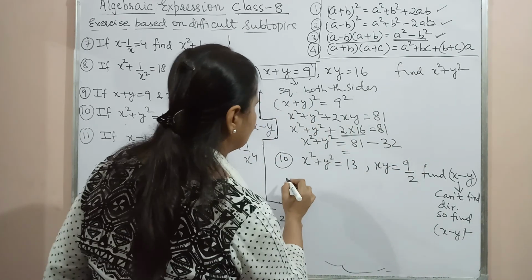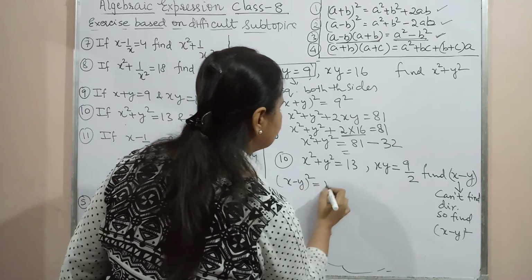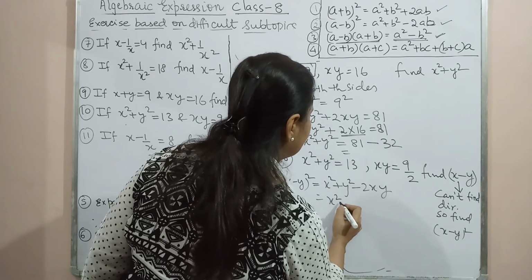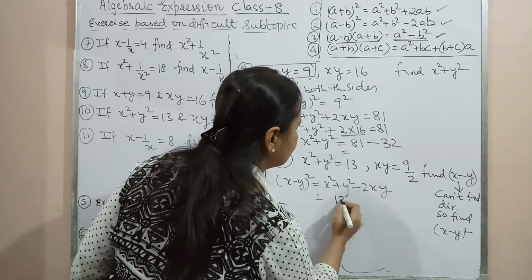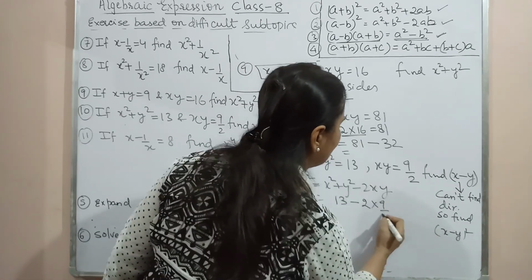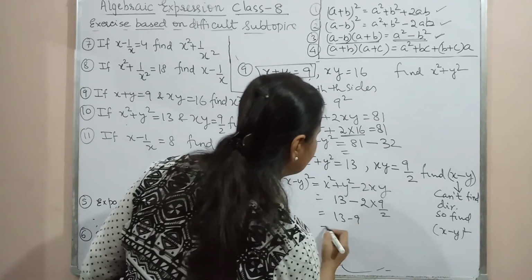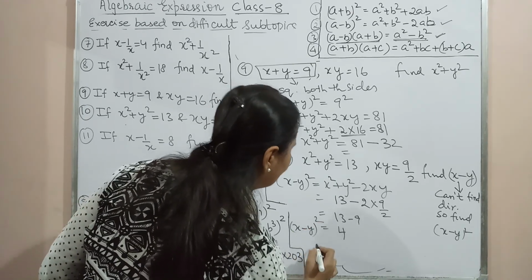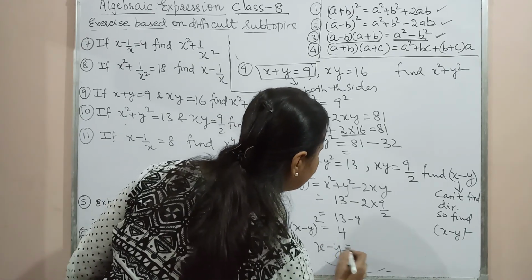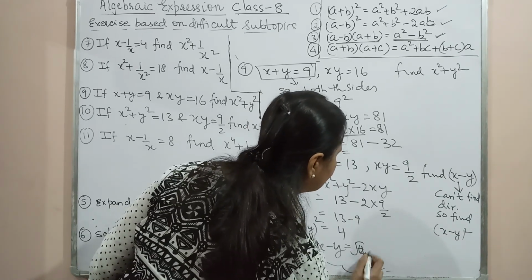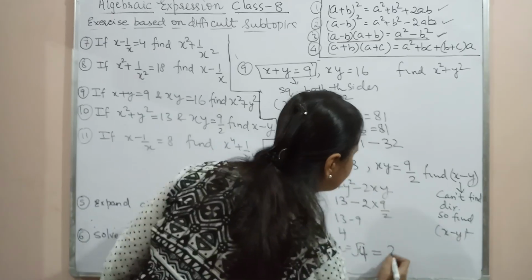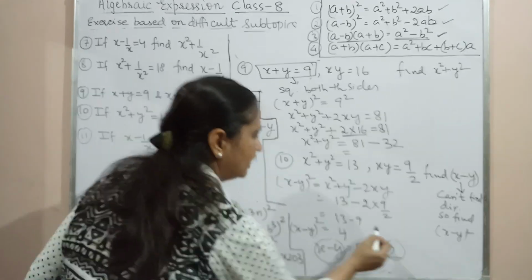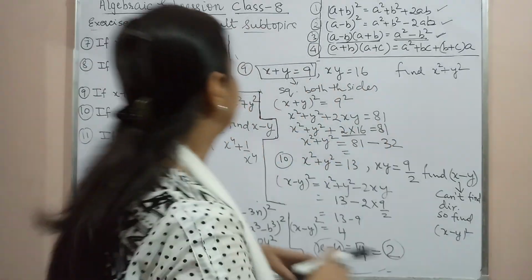So what is the square of x minus y? It is x square plus y square minus 2xy. Now x square plus y square is given to you, which is 13, minus 2 into 9 upon 2, which is 13 minus 9. So the answer is 4. That means if the square of x minus y is 4, then x minus y will be under root of 4, which is 2. Alright, so this is also done. The value of x minus y we had to find, which is also done.